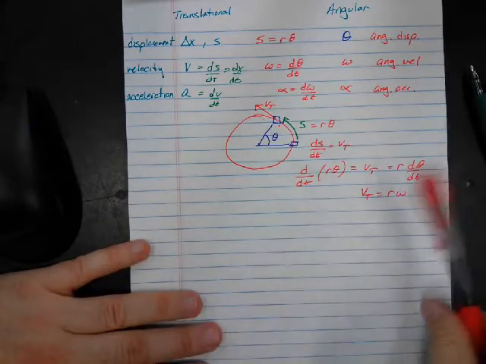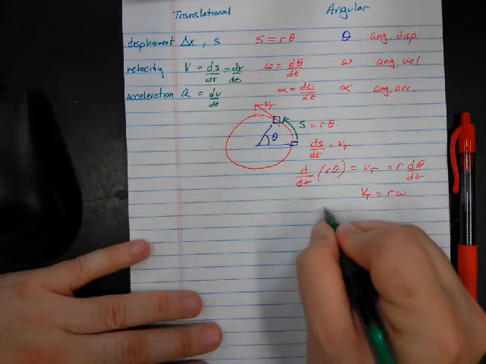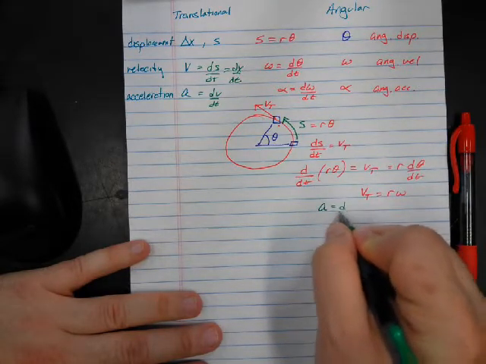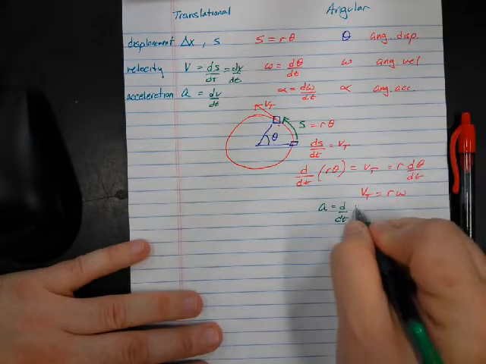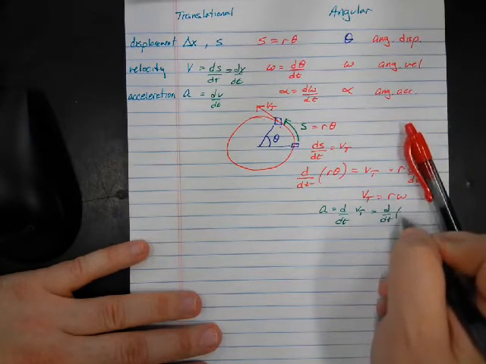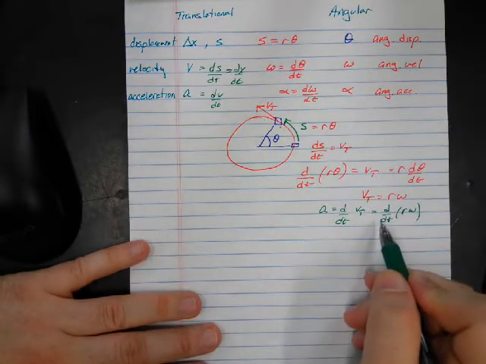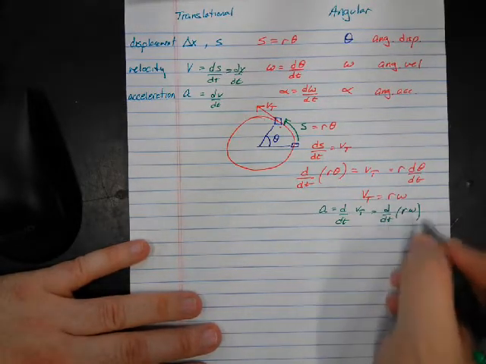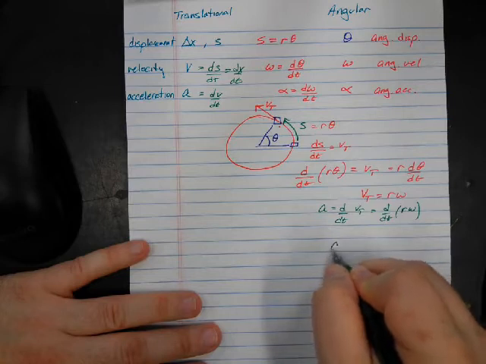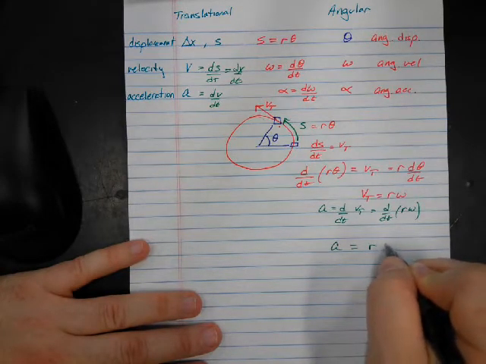So our acceleration should be the rate of change of our tangential velocity, which is d by dt of r omega. But again, r comes out of the derivative because it's a constant. And what we'll have here is that the tangential acceleration is r times alpha.